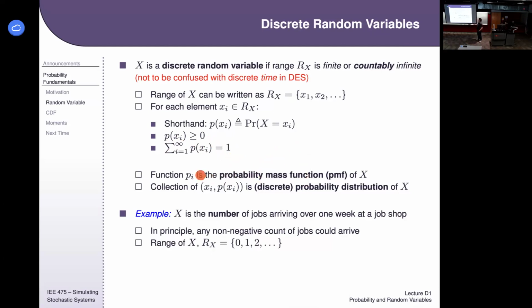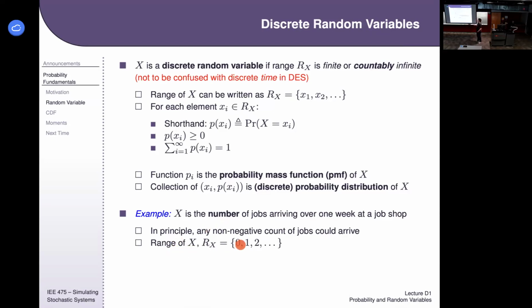The graph that combines the outcomes with the probability mass function, we call the discrete probability distribution. You could plot the probability distribution, and it's just a plot of the probability mass function. So X is the number of jobs arriving in 1 week at a job shop. In principle, you could have an infinite number of jobs arriving in a week if you had a very fast arrival rate, but we still view it as a discrete random variable because it's countable.